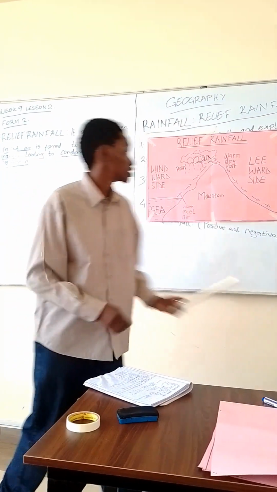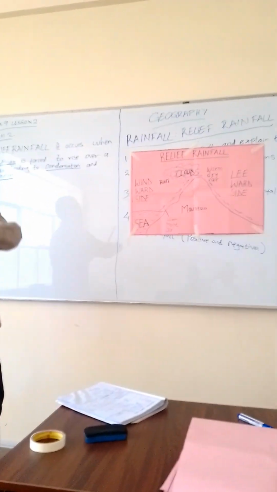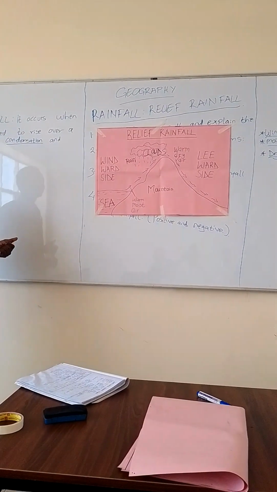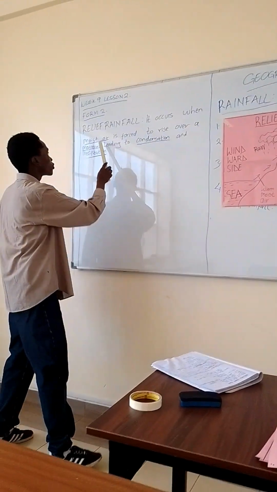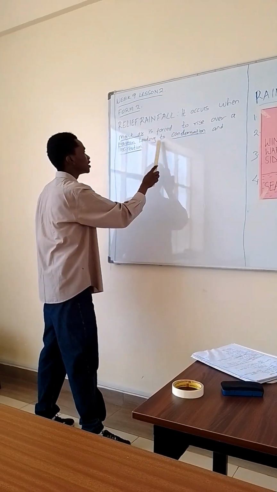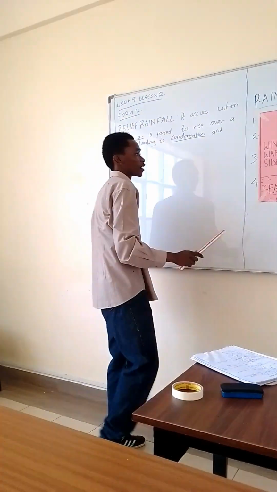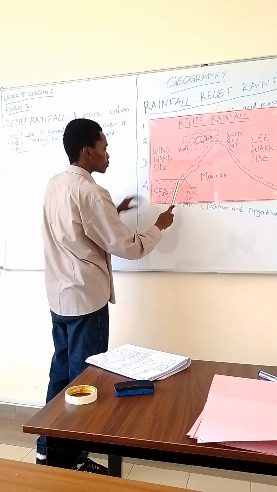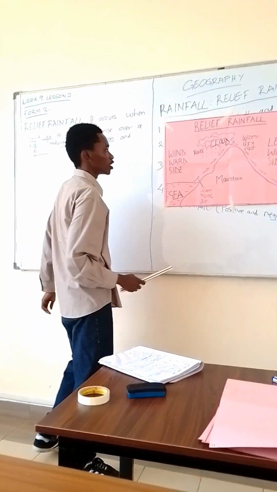So class, is the chart clear, especially from there behind? Yes. So as we say, relief rainfall occurs when moist air is forced to rise over a mountain, leading to condensation and precipitation. So moist air, this may be our water bodies or water source, we have named the sea.